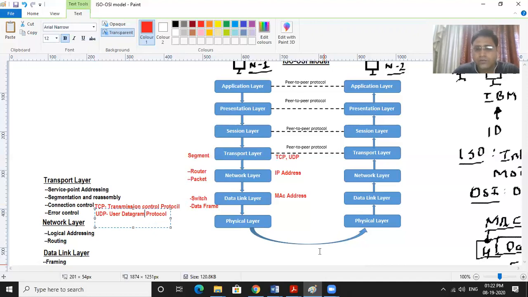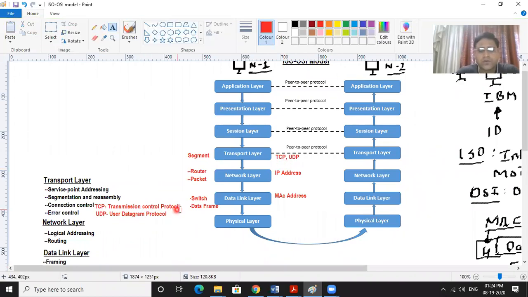Now, what do these protocols TCP and UDP do? Actually, TCP takes a bit more time than UDP.